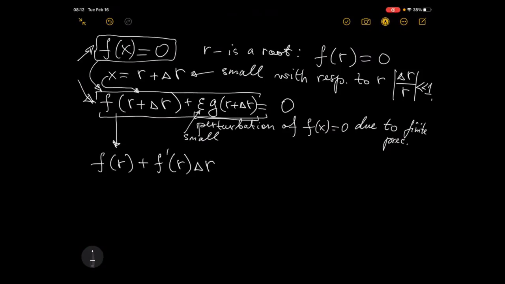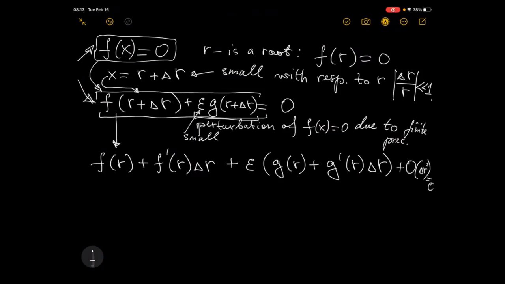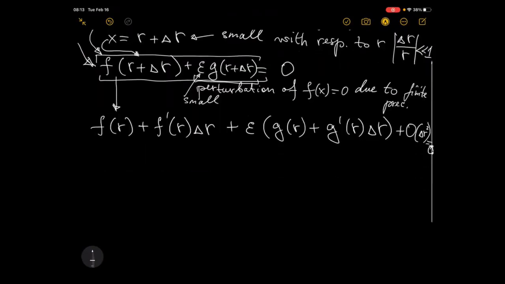Okay, and I will stop on the first derivative, so on the first correction. And here we will have the same, plus so-called O capital delta R squared, and this will be equal to 0.